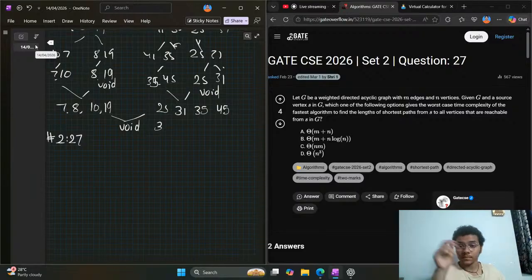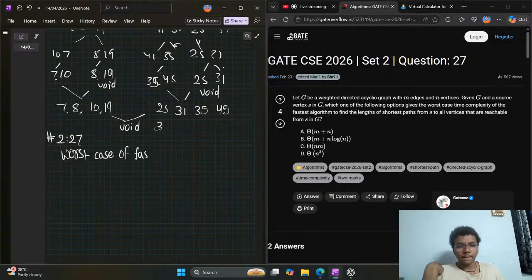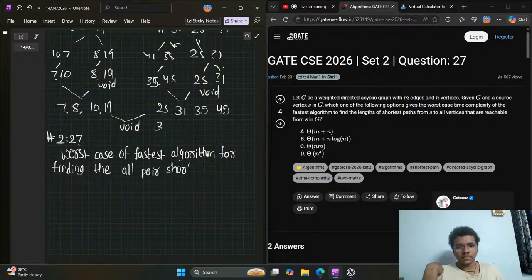Worst case of fastest algorithm for finding the all pair shortest path.